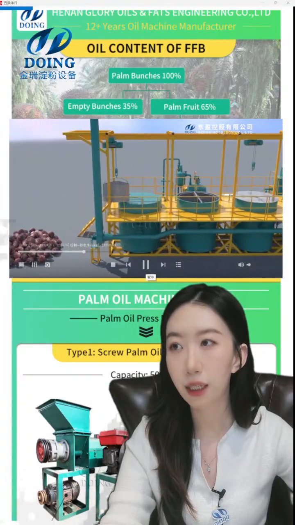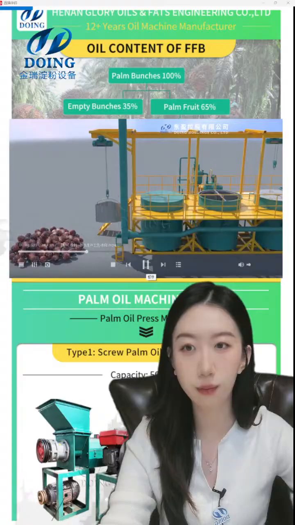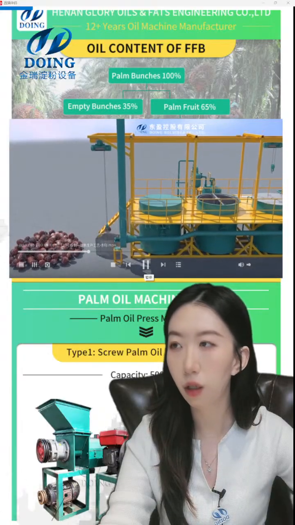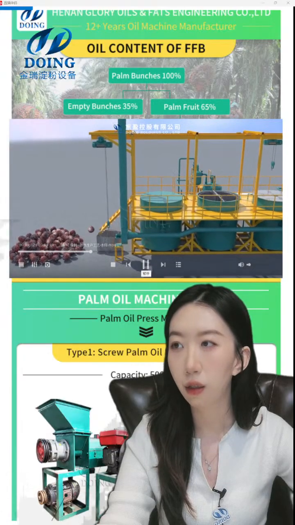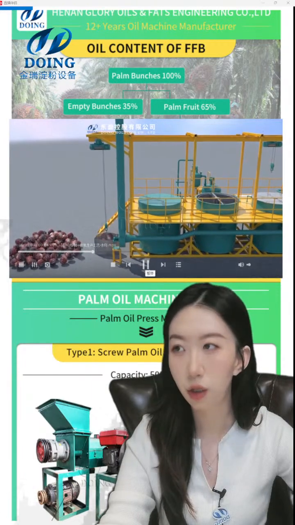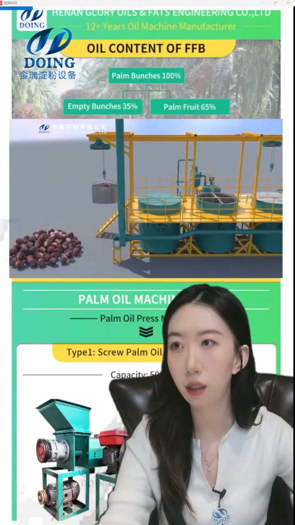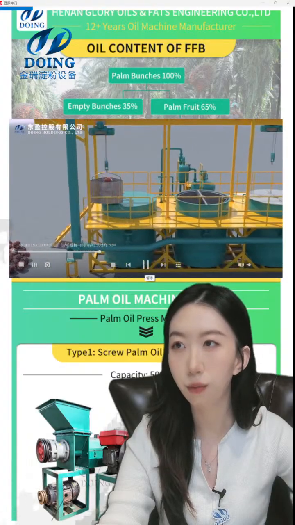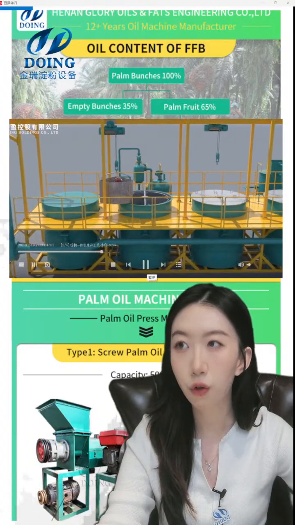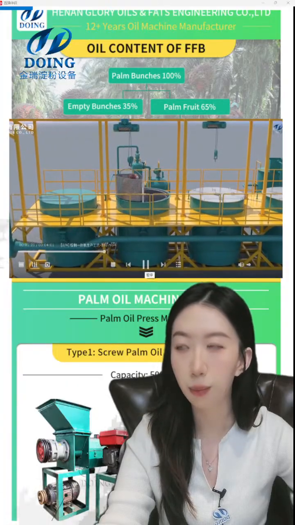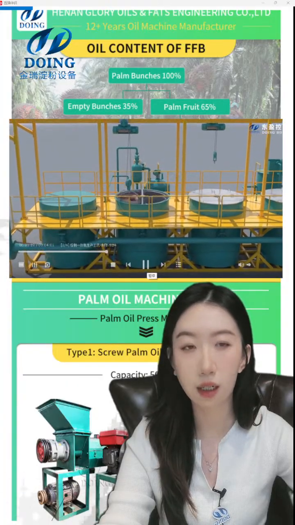The first step is sterilization. The fruit bunches should be unloaded in the fruit cage. 4 fruit cages can be put into each sterilizer.